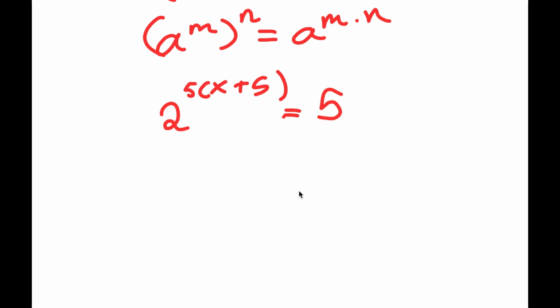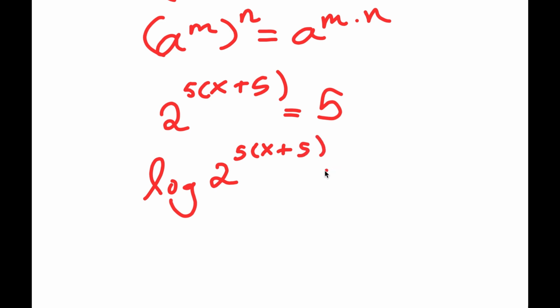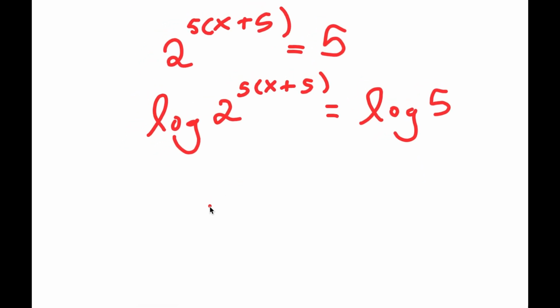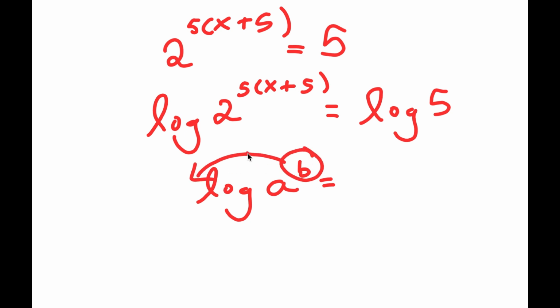Now, I'm going to go ahead and take the log on both sides. So I have log 2 to the power of 5 times x plus 5 is equal to log of 5. And if I have something in the form log a to the power of b, I can move this exponent b to the front.